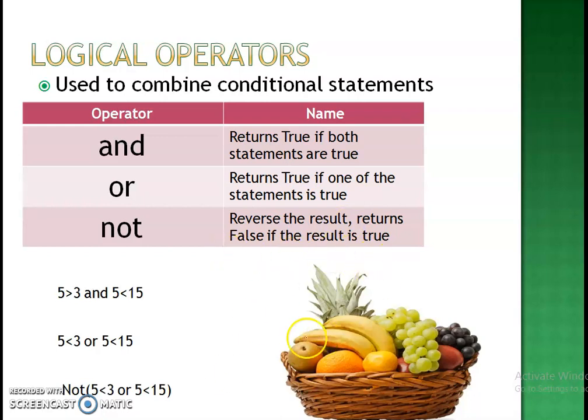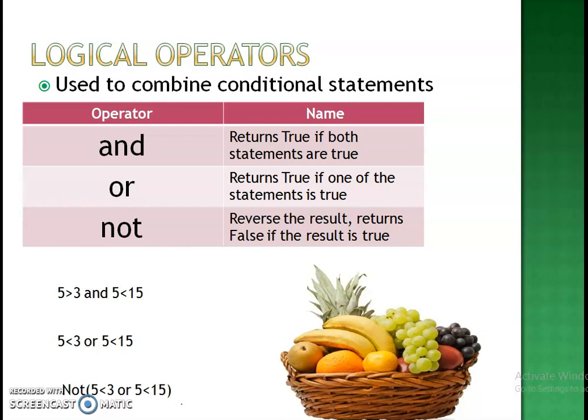If any one of the conditions is true, the OR operator returns true. The NOT operator returns the opposite value of the result. If the result is true, it returns false. If the result is false, it returns true.